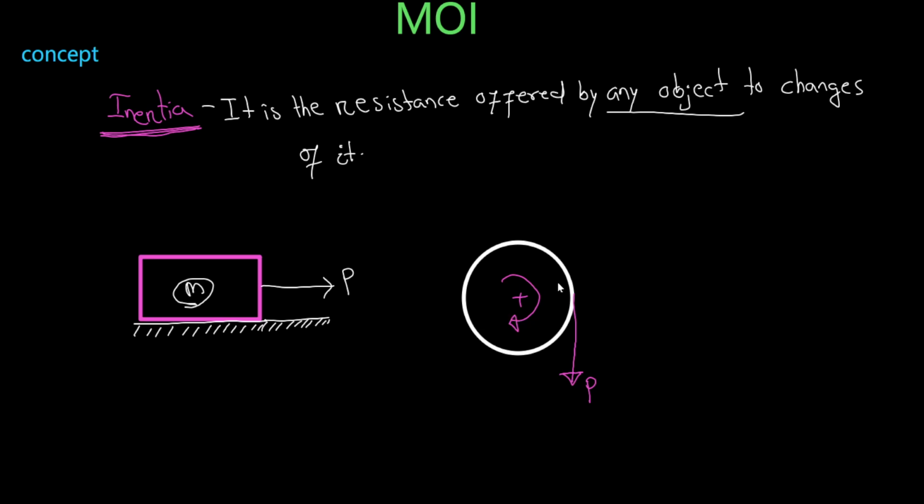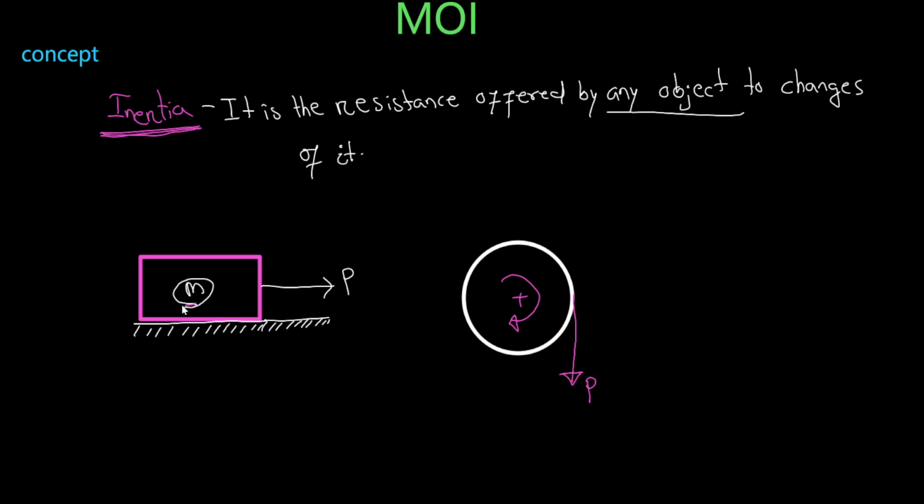If the object rotates easily, that means the inertia of the object is very less. If the object is resisting the rotation, we will say the object has more inertia to the rotation.